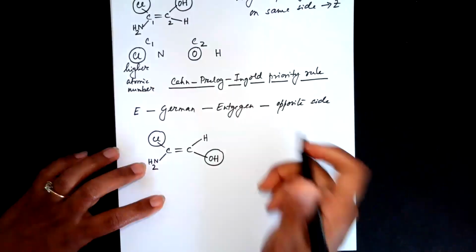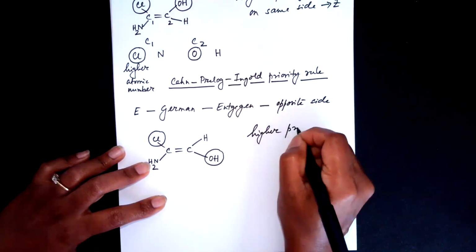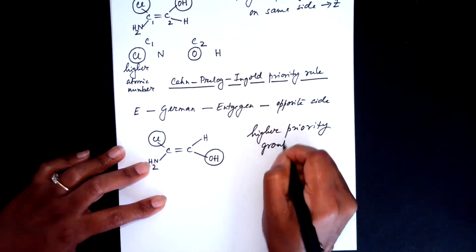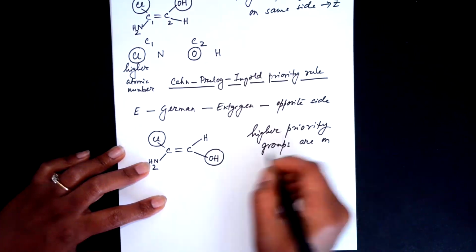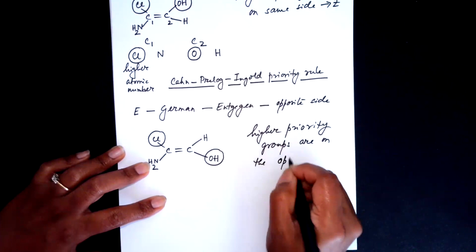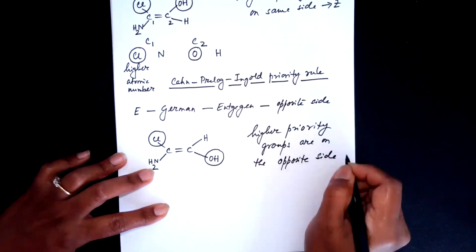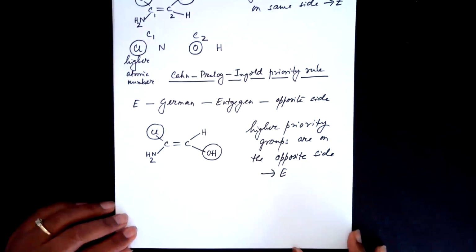For the other one, when your higher priority groups are on the opposite side, I would refer to it as the E form of the molecule.